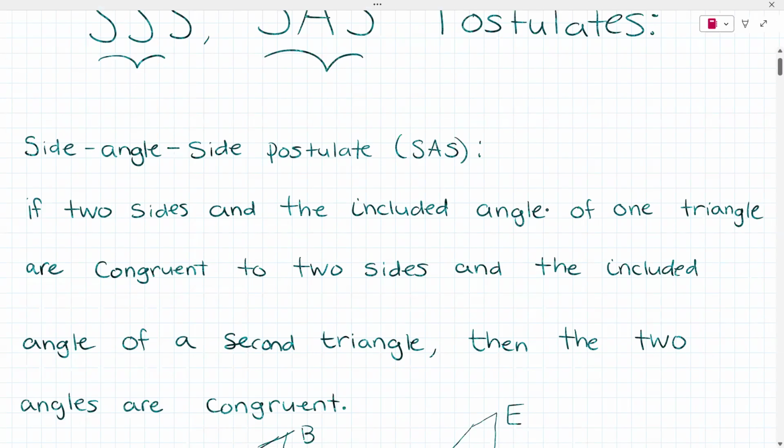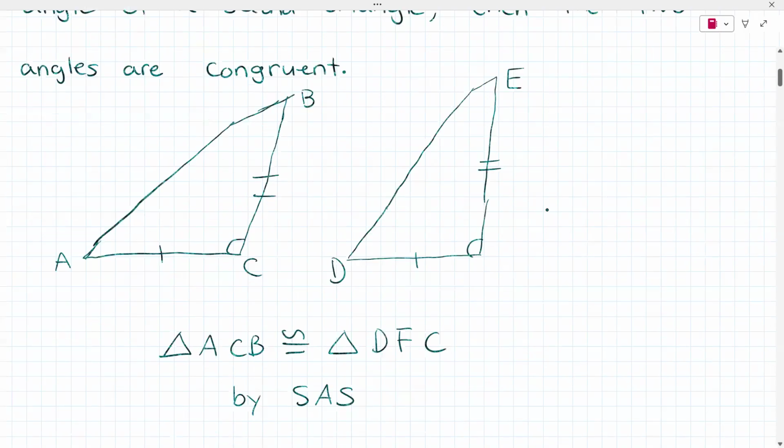So let's talk about the side-angle-side postulate, SAS. If two sides and the included angle of one triangle are congruent to two sides and the included angle of a second triangle, then the two triangles are congruent.